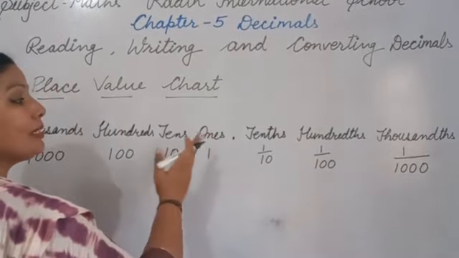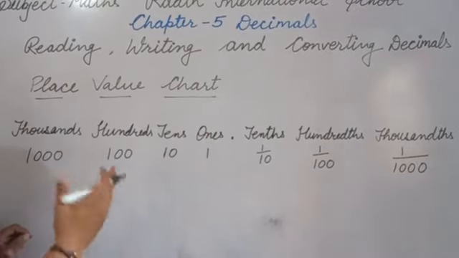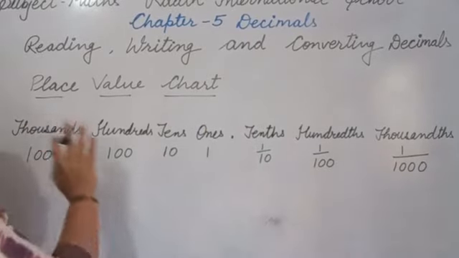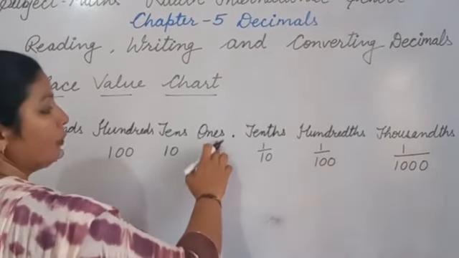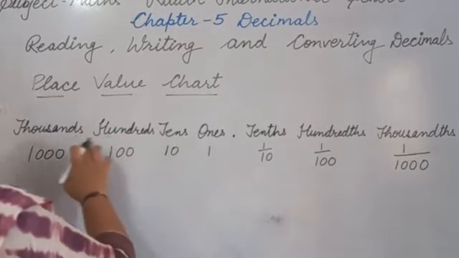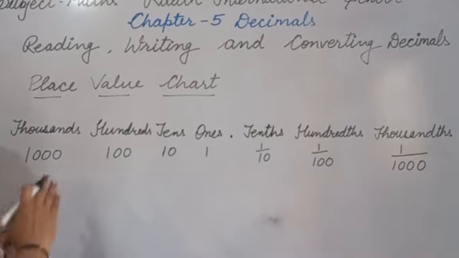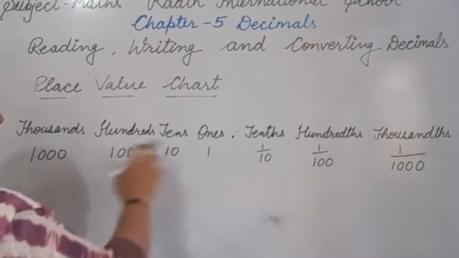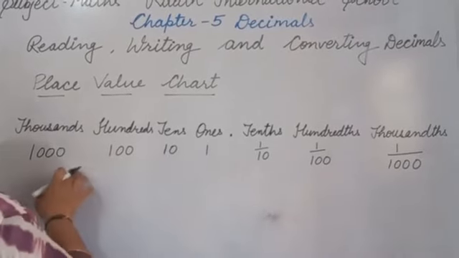So before decimal we have the simple columns: ones, tens, hundred, thousand, 10,000, lakhs, 10 lakhs, the same columns that run in a whole number.